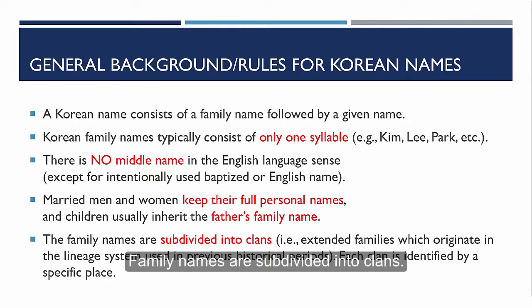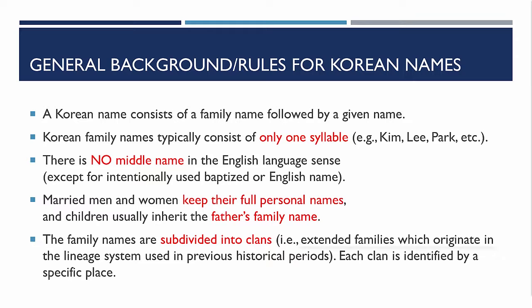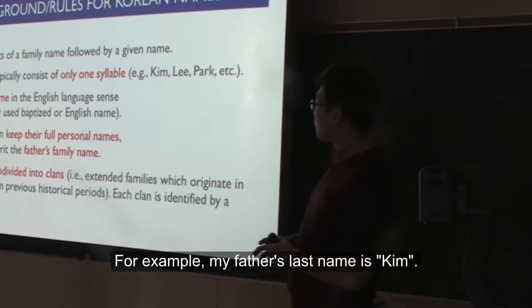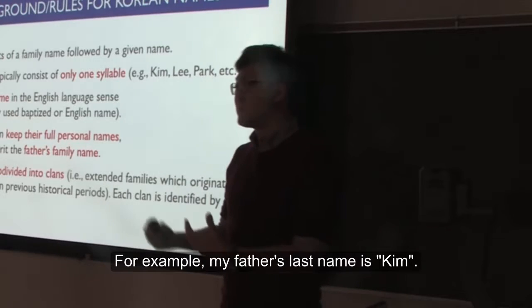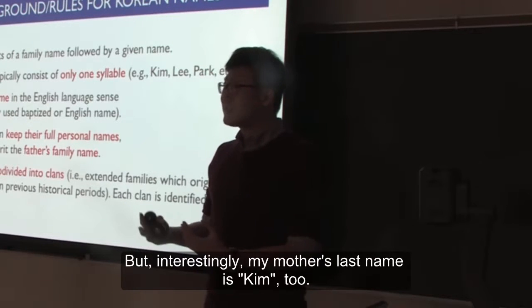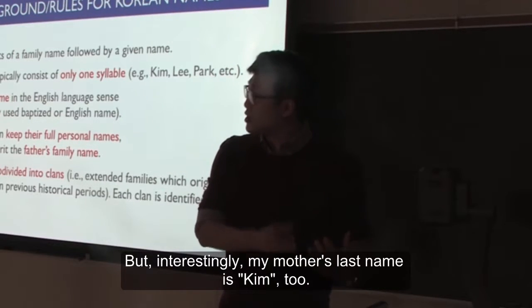The family names are subdivided into clans. The clans are extended families which originated in the lineage system used in a previous historical period. Each clan is identified by a specific place. For example, my father's last name is Kim, but interestingly, my mother's last name is Kim too.